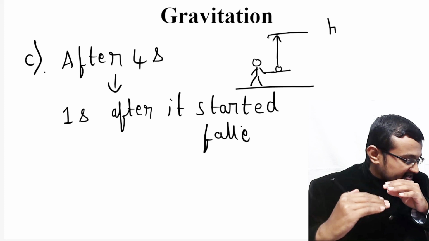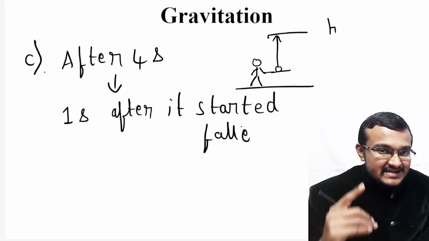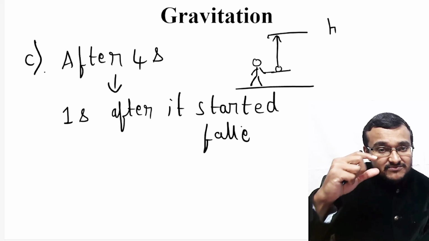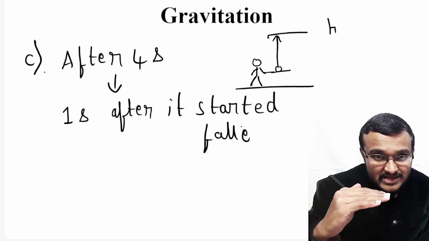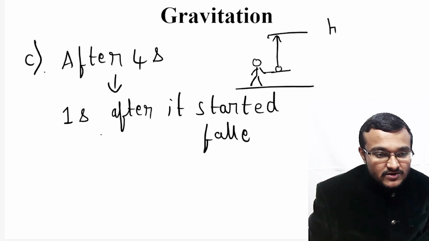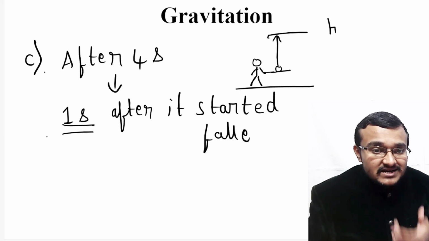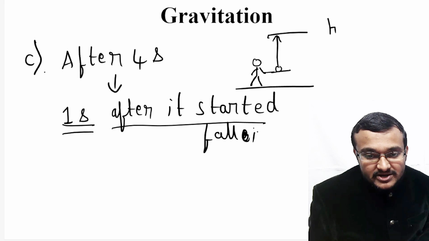So now we have to find out that particular position. In order to calculate that, you have to consider the distance traveled by the ball from the highest position to that particular position, and the time will be 1 second. So here 1 second is the time which you have to consider after it started falling down.